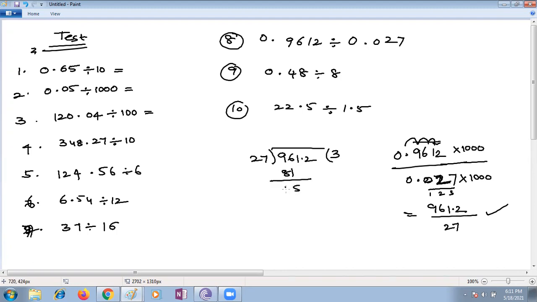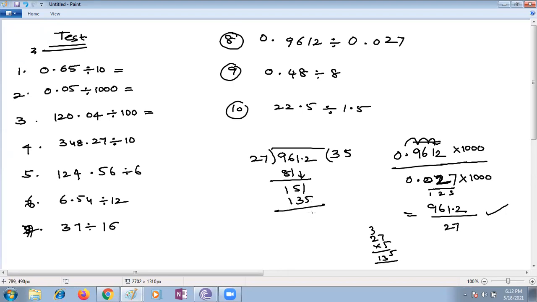So this becomes 15. Bring down 1. So 151, how many times 27? Shall I take 5? Yes, let me check: 27 fives, 5 sevens are 35, 5 twos are 10, 135. Yes, 135.